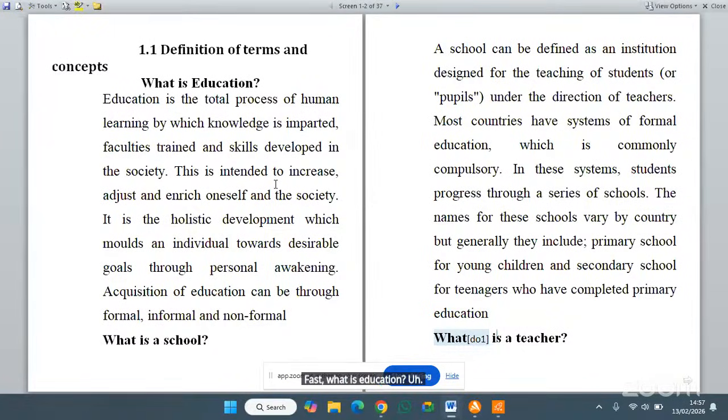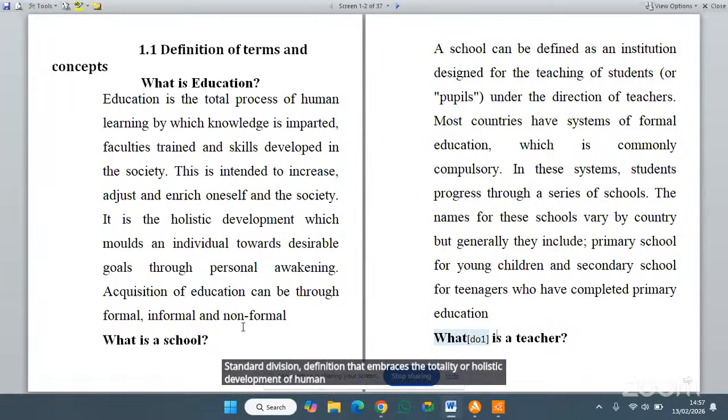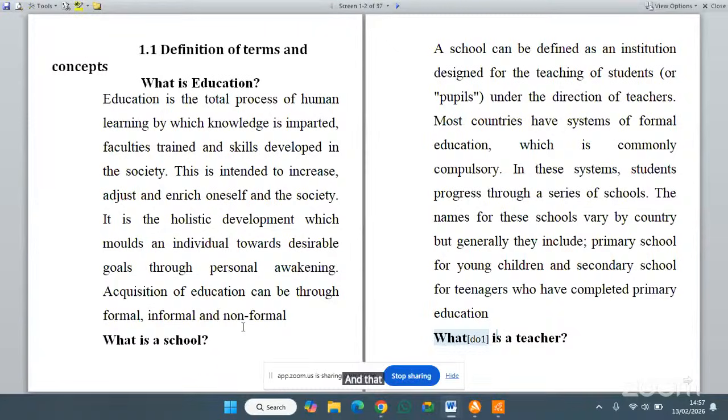Education is defined variously, but we have a standard definition that embraces the totality or holistic development of human beings, and that is what we are going to center our understanding of education on.